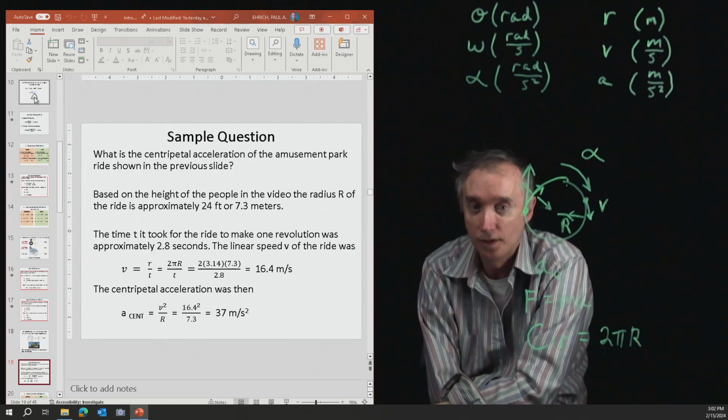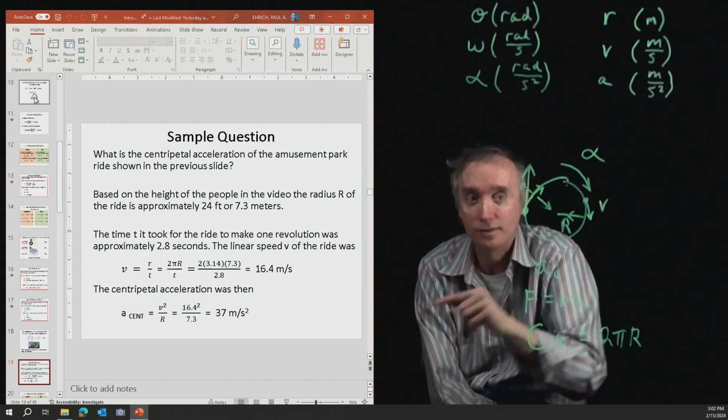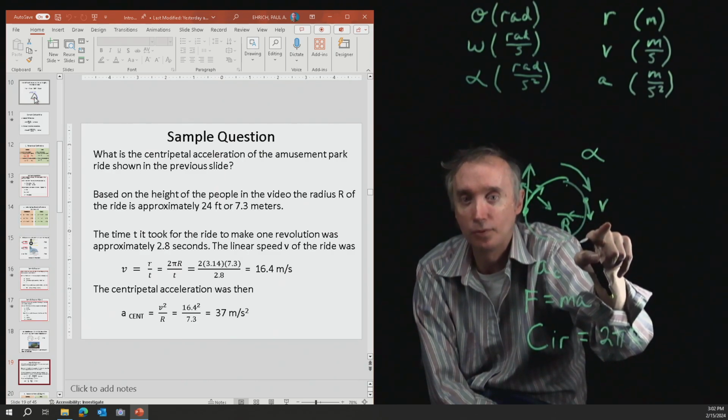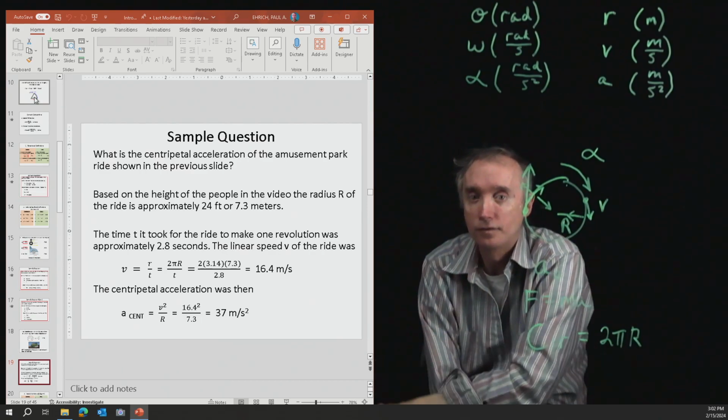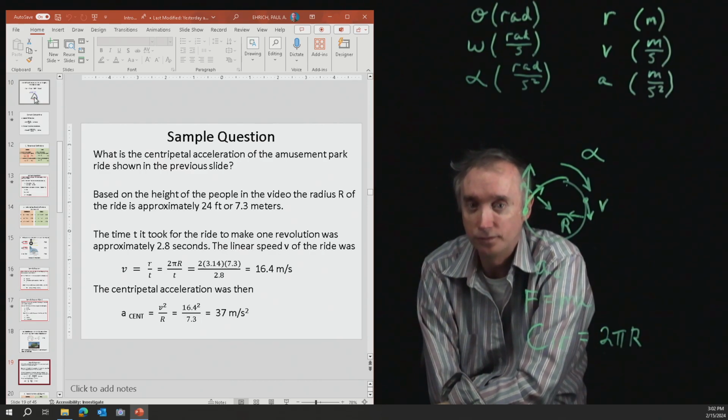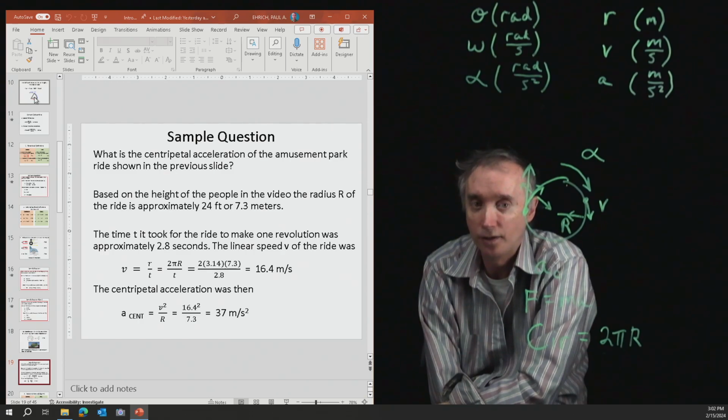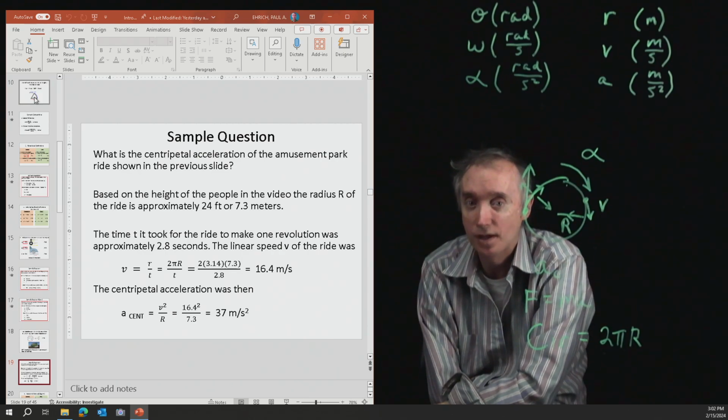Now we can take that speed and plug it into the formula for centripetal acceleration, and we can calculate the acceleration acting on the people in the ride: 37 meters per second squared.